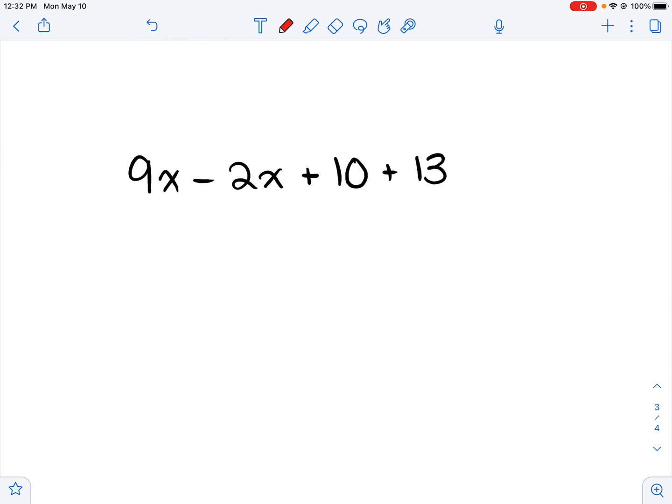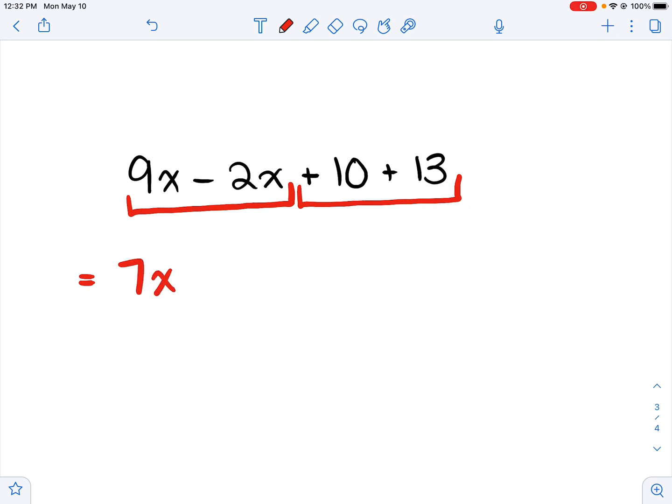Okay, next question. Here we have a couple of x's and a couple of numbers. So let's put our x's together. Sorry, I'm outside. What's 9x minus 2x? Well, 9 take away 2 is 7.